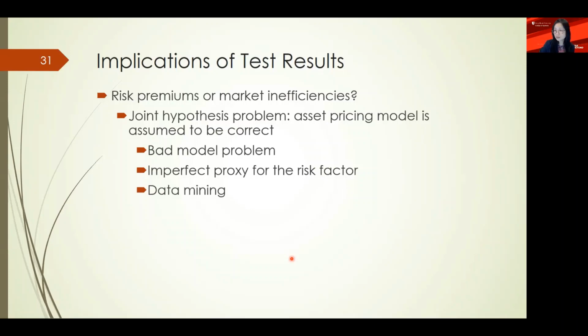The third one is getting more popular, which is called the data mining hypothesis. This was emphasized by the AFA president a few years ago, Professor Cam Harvey, and he talks about p-hacking. What does that mean? If everybody is working with the same database, the CRSP database, for the last 50 or 60 years, and we dig deeper trying to find patterns, then we find patterns based on previous patterns other people found.